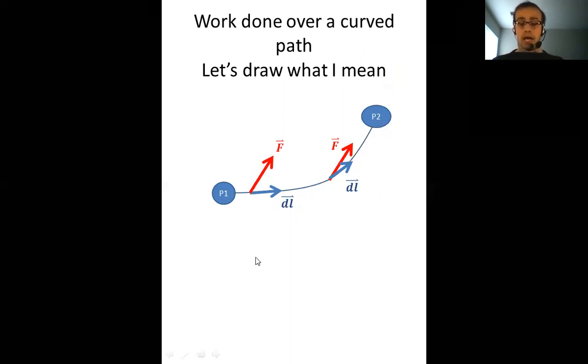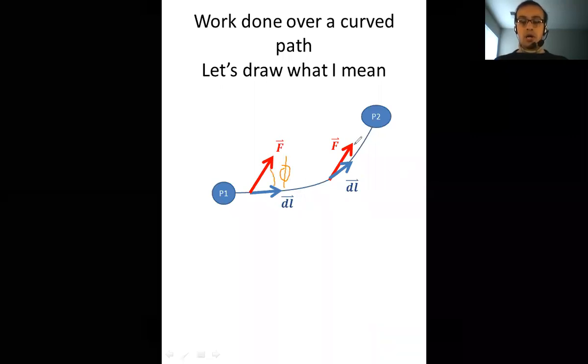The problem that we run into is if we look at an infinitesimally small displacement vector, which is tangent to this curve, there's that calculus again, which we're calling dl in this case, you'll notice that the angle phi in this case is much larger than the angle of phi in this case, meaning that this force in this case is doing less work than the force in this case.